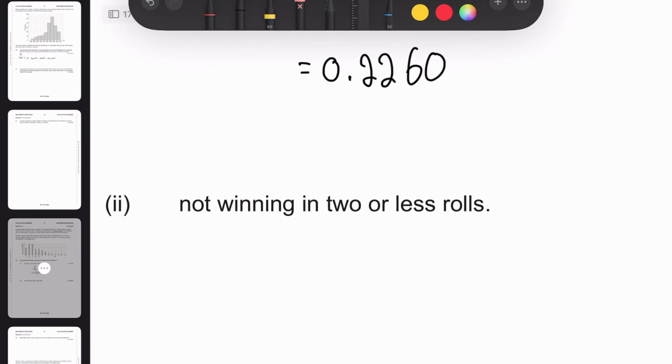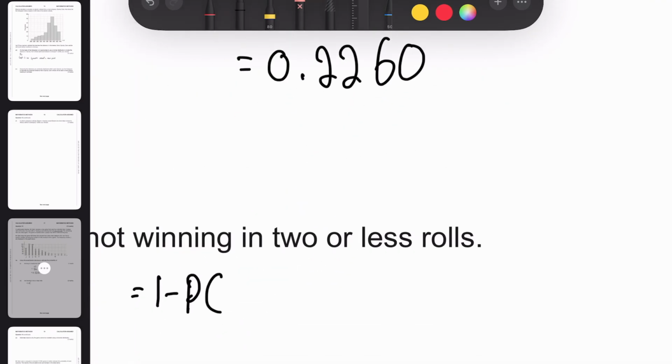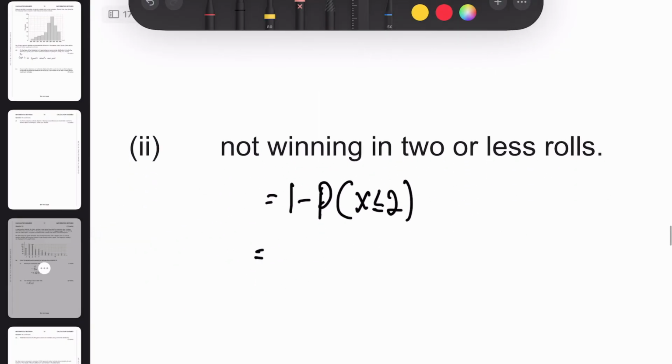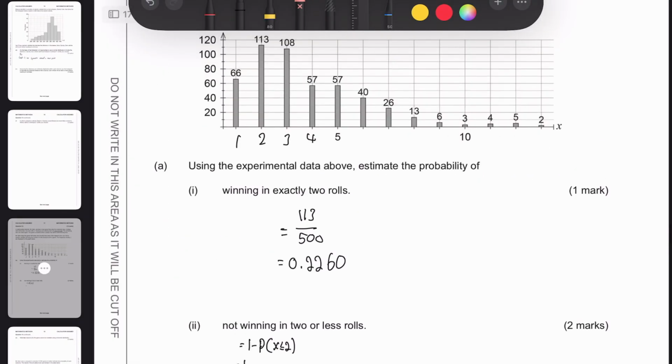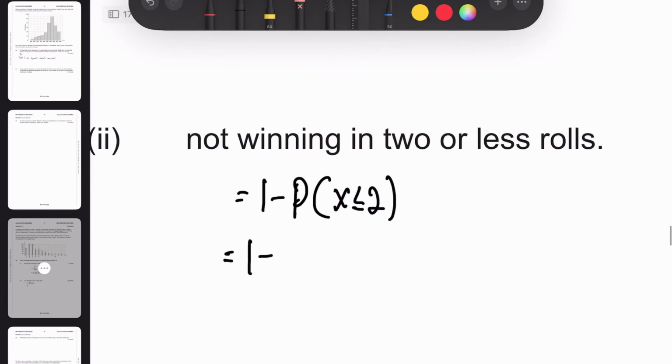The probability of that is equal to 1 minus the probability of winning in 2 or less, which is going to be equal to 1 minus 66 on 500 minus 113 on 500.